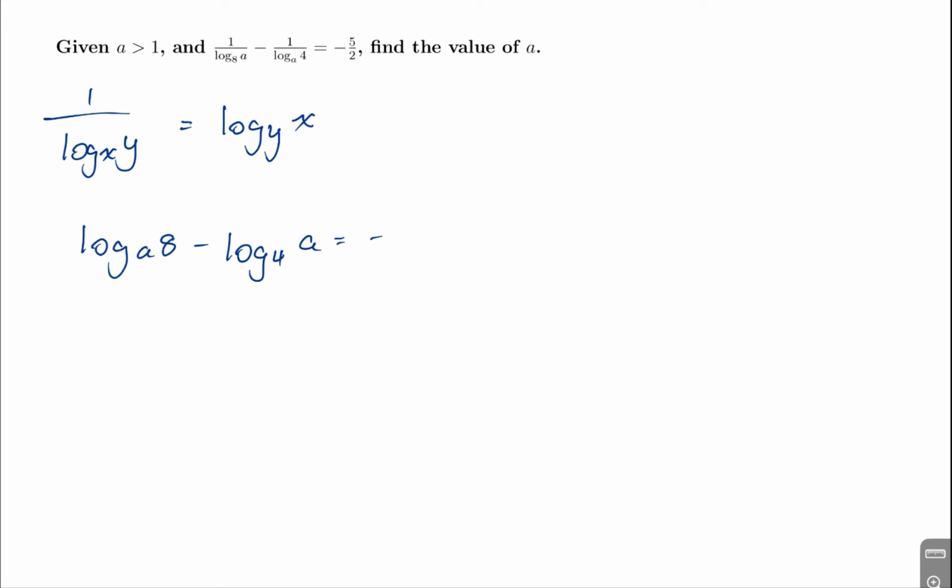equals negative 5 halves. Now we're going to use the change of base formula, which is log base a of b equals log b over log a, with any base in there. And here we're going to use 2 because we have 8 and 4, which are both powers of 2.